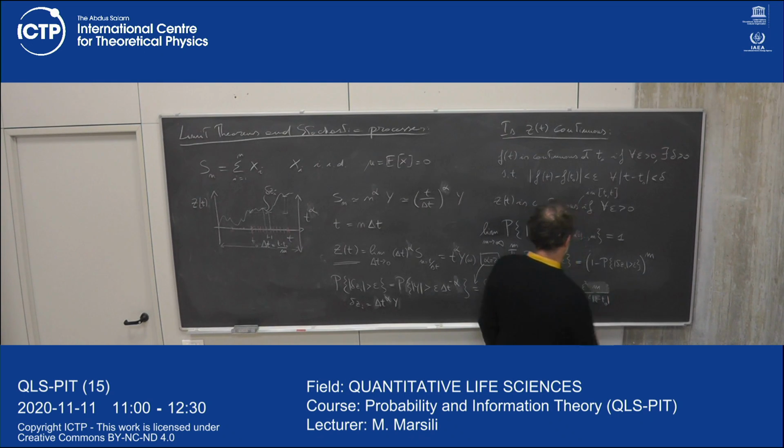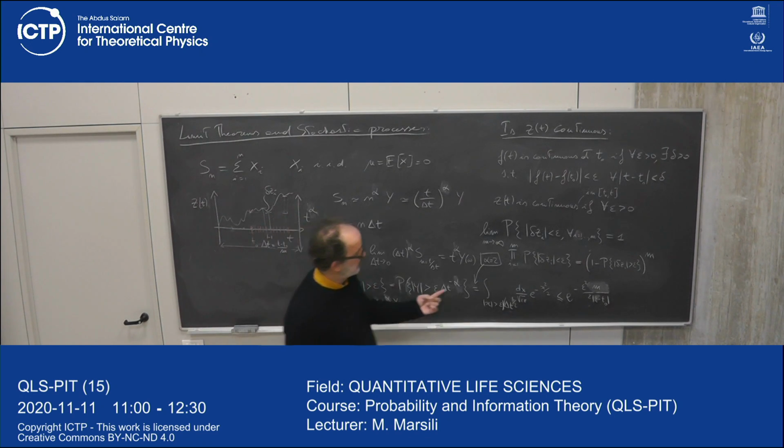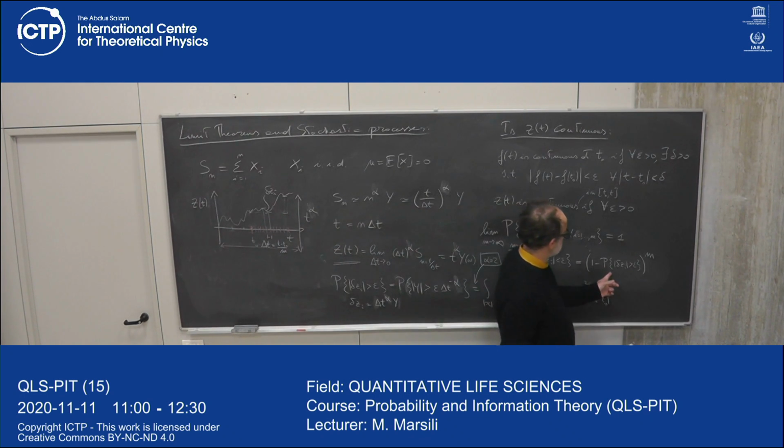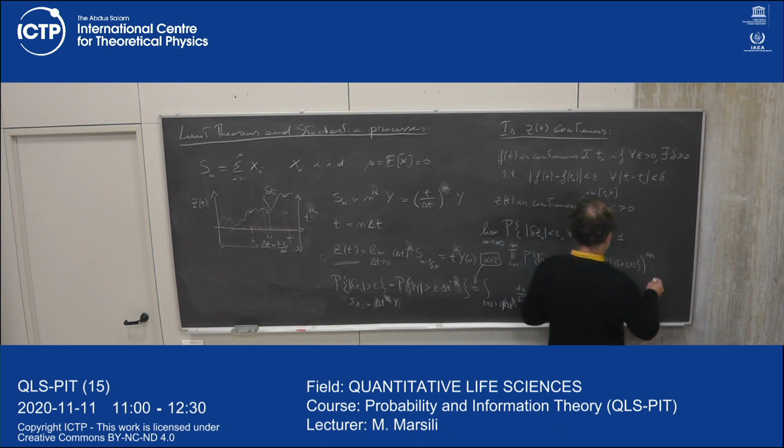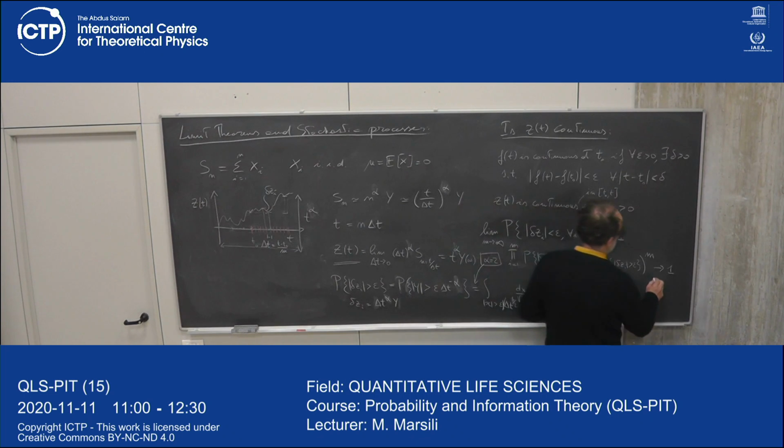Okay, so what you can see is that this probability essentially goes to zero exponentially fast in m. So 1 minus something that goes exponentially fast to zero with m, raised to the power m, essentially converges to 1. Okay, as n goes to infinity.